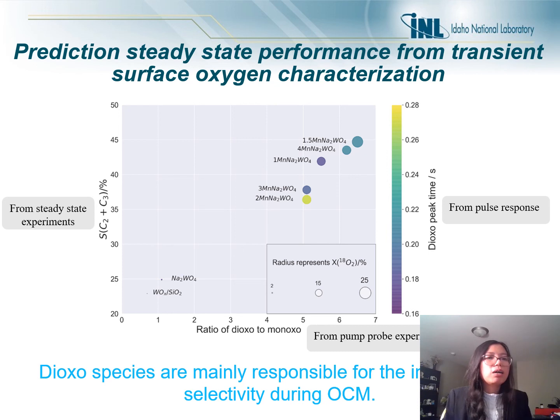The optimal dioxo characteristic desorption time for the optimal OCM selectivity can be estimated between 0.22 and 0.24 seconds. Therefore, dioxo species are mainly responsible for the increased C2 selectivity during the OCM.